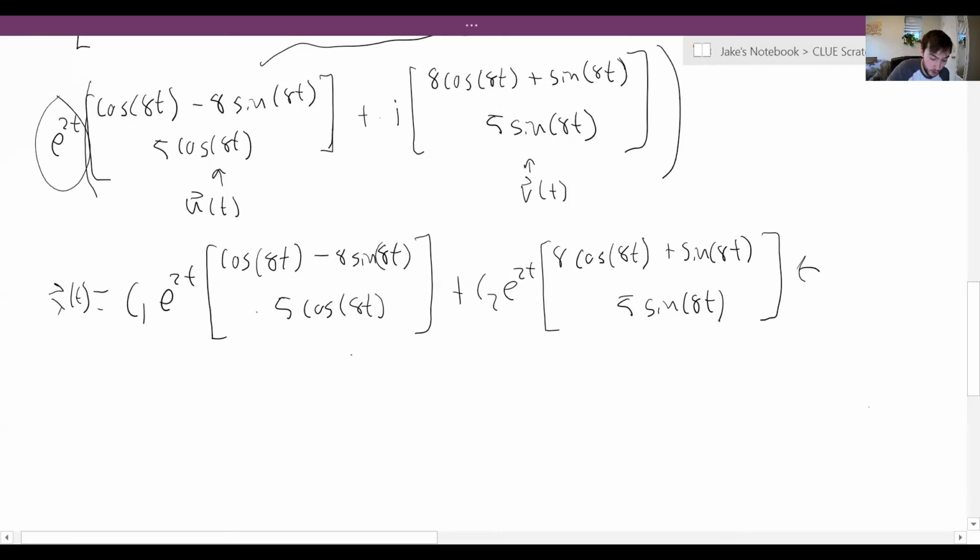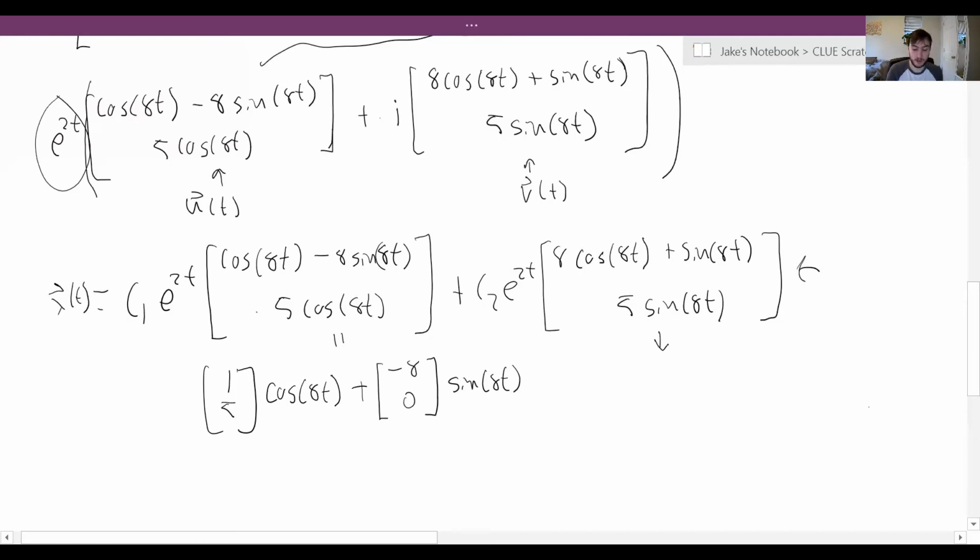So you could write this as this vector times cosine of 8t, minus, or actually let's just do plus, and then negative 8, 0 sine t. So I hope you see if you do this multiplication and add it together, you get the same thing here.